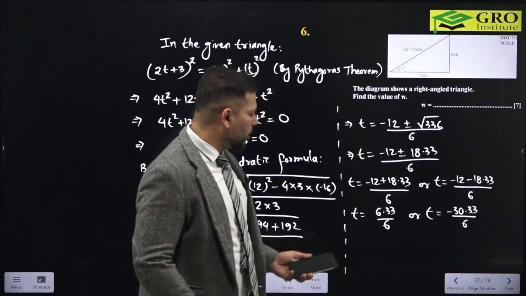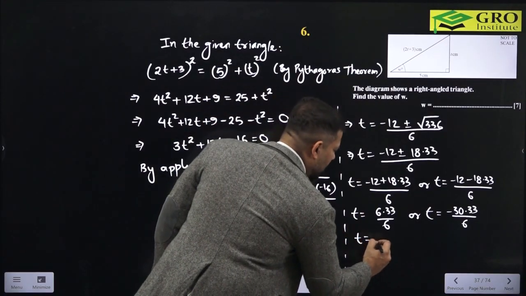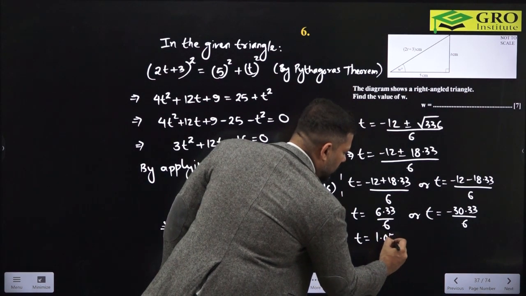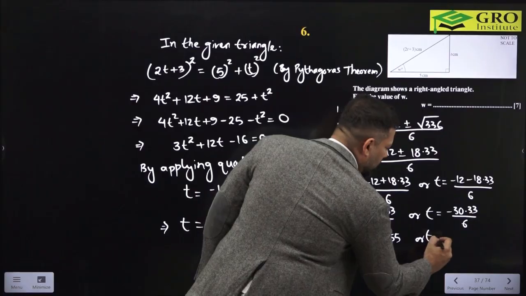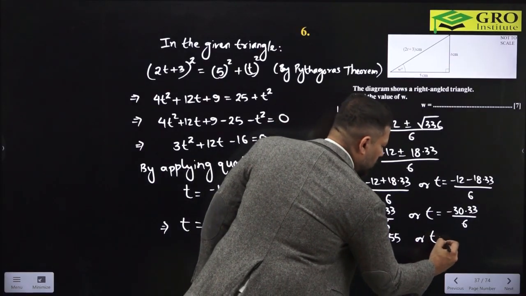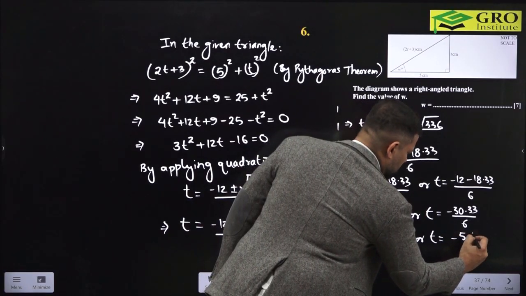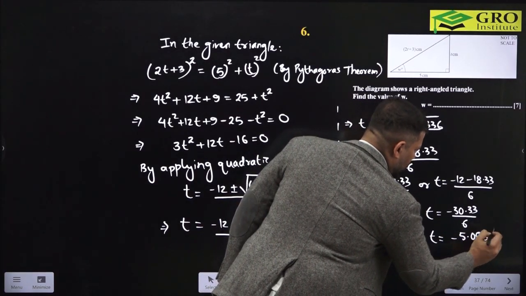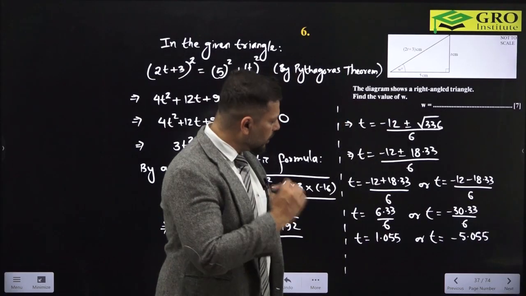Let us quickly find out the value. I am going to get the value of t as 1.055, and here the value of t as minus 5.055.